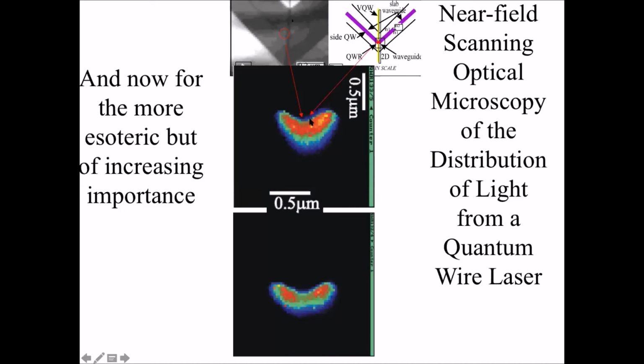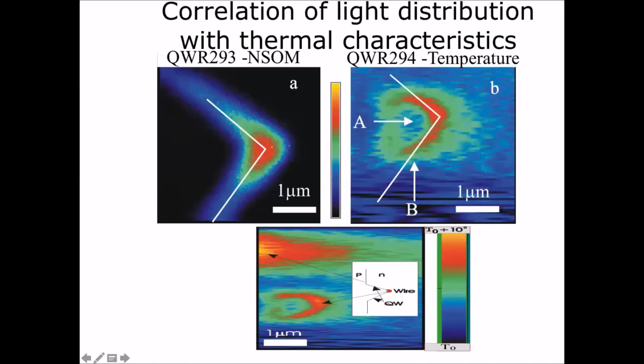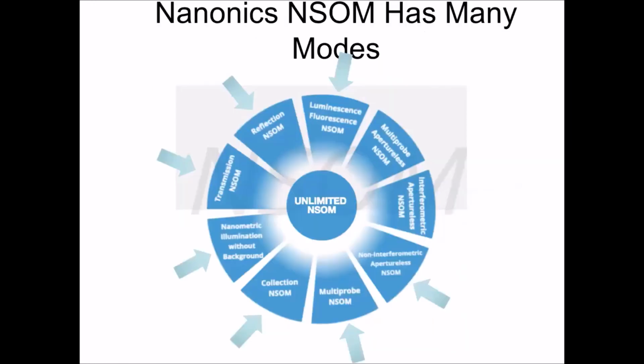So the laser mode structure has changed. And you can use two probes, one to measure the distribution of heat and one to measure the distribution of light. And you learn that the distribution of heat is actually buoying towards the P contact. So multi-probe systems have great potential for the future.